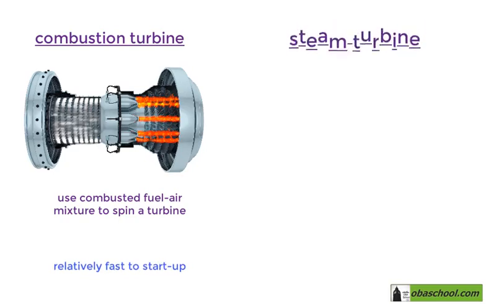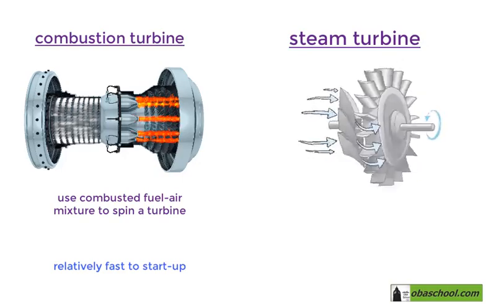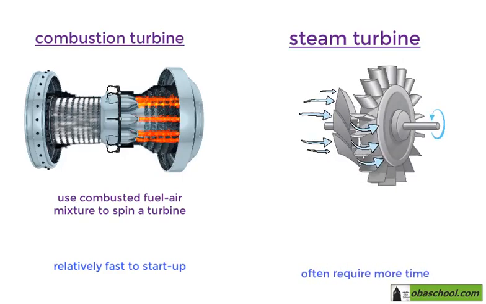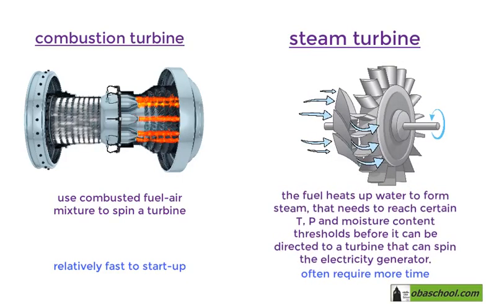However, the steam turbines often require more time, where the fuel heats up water to form steam, and that steam needs to reach certain temperature, pressure, and moisture content thresholds before it can be directed to a turbine that can spin the electricity generator.